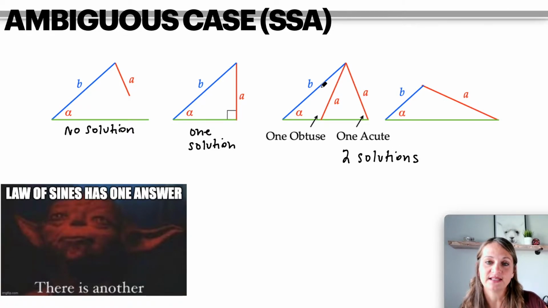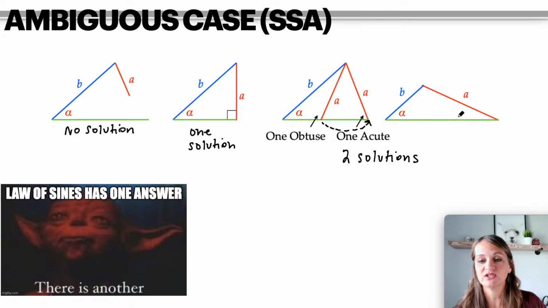What could happen is if you have one side that creates the same distance of the A, B, and this alpha, but this angle A possibly could have swung out and created an obtuse triangle. So if this was an acute, it also could swing out and become an obtuse triangle.